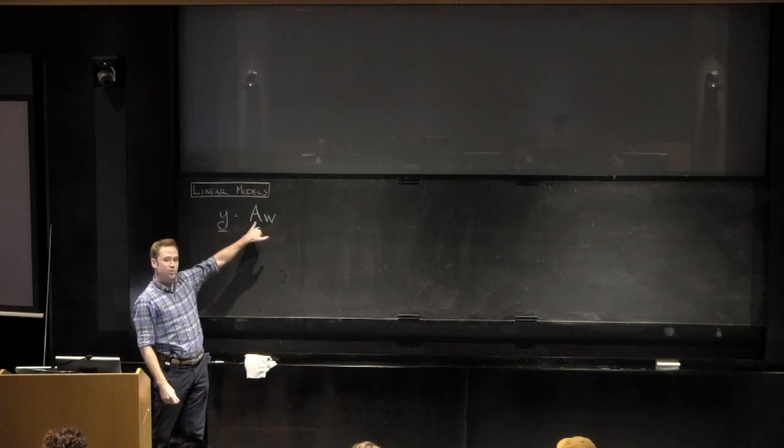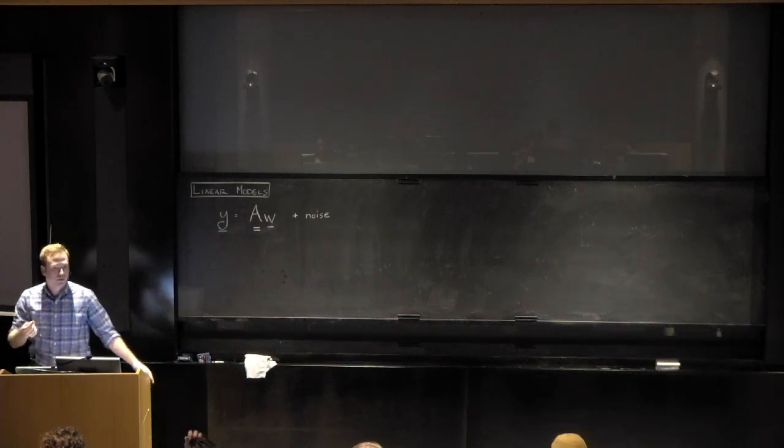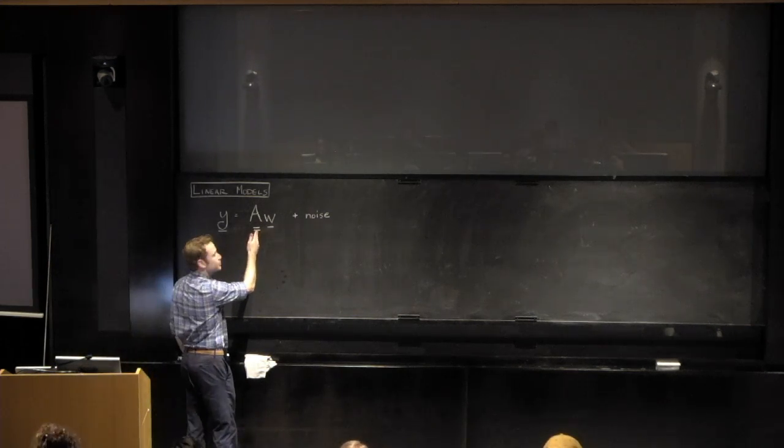And we write that as the product of a matrix A and some vector of weights W. This is the linear model. Typically you also have some additive Gaussian noise when you actually make the observation. But the assumption behind a linear model is that everything you know about the system is a linear combination, some linear operation, on a vector of weights.